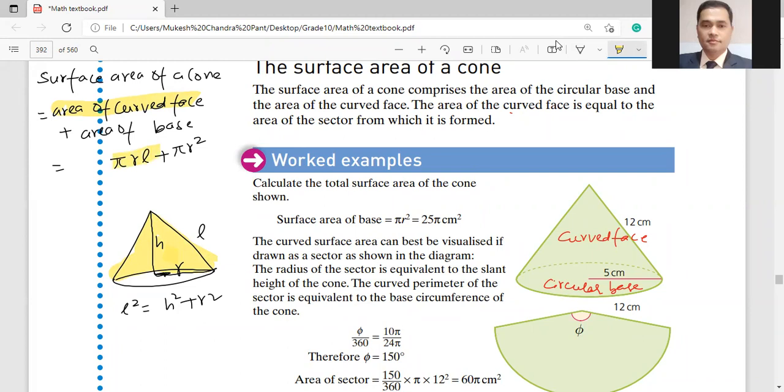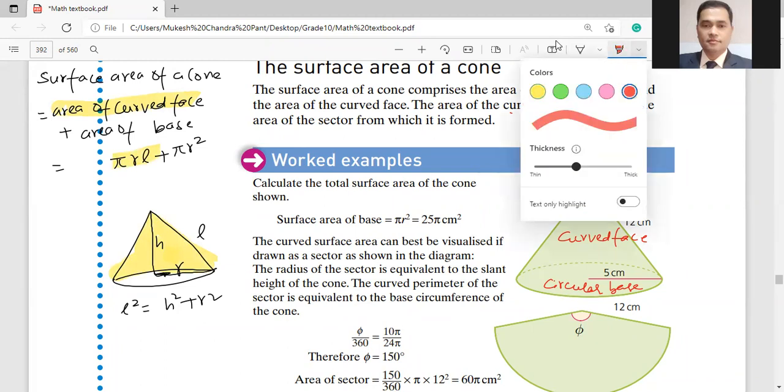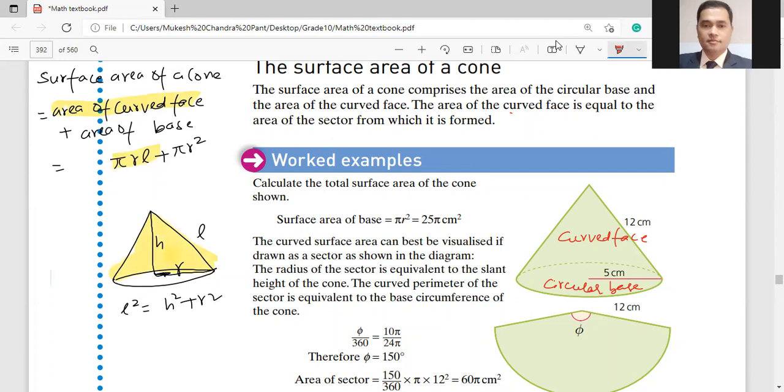And second is this one, the base area. This base area is pi r square. If you wish, you can take pi r common and write L plus r.